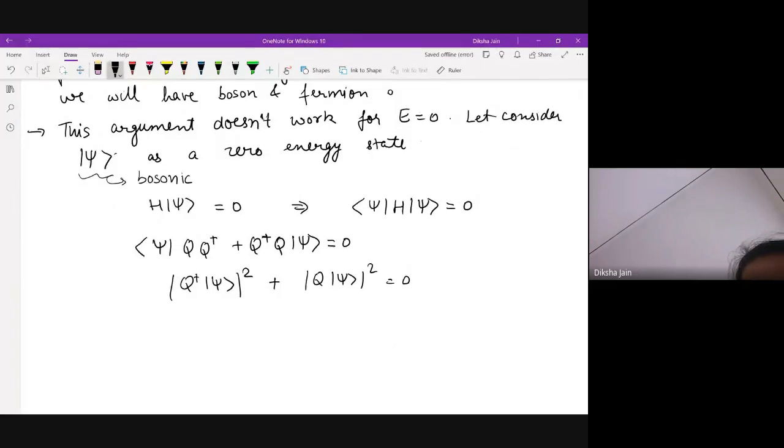Since both of these are squares, each term is 0. So Q dagger psi is 0 and Q psi is 0. If psi was bosonic, then the corresponding fermionic state had to be Q psi. But Q psi is 0, so you don't know whether the fermionic state will be there or not.